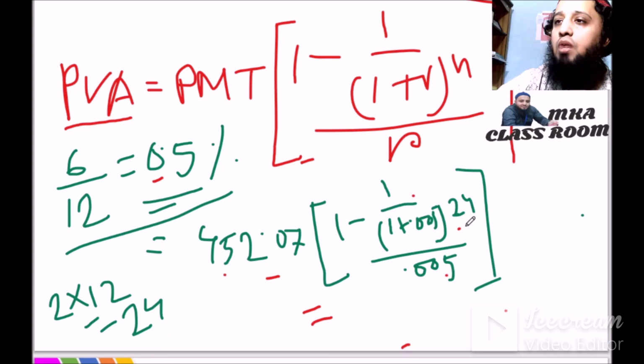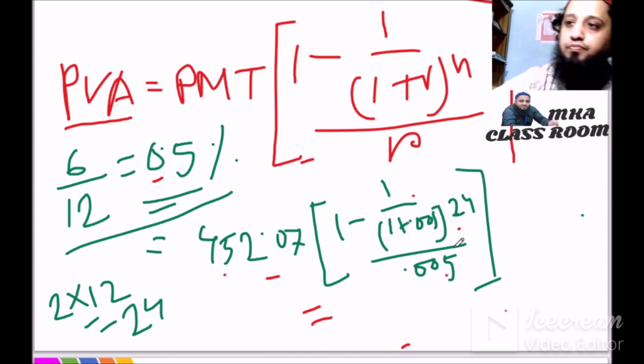Now you can solve this. 1.005 to the power 24, 1 divided by this amount, 1 minus this amount, then this divided by 0.005, and multiplied by 452.07.